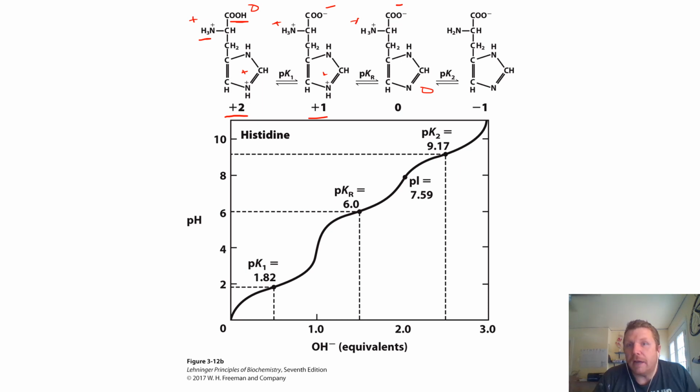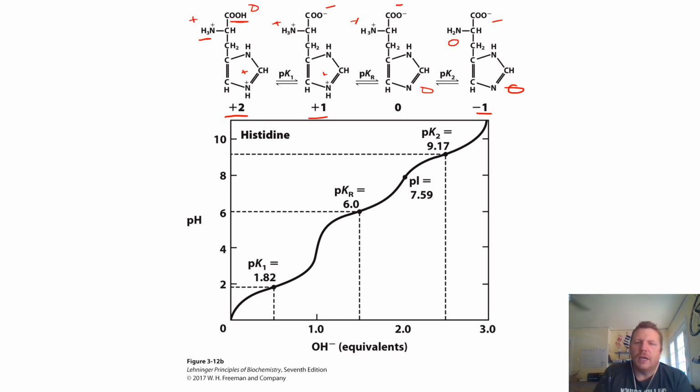And then the last place that you can remove a proton is from that N terminus. So you've removed it from the C terminus, then from the R group, which gave you 0 charge, and finally you remove it from the N terminus. So now you're looking at a molecule with a -1 overall charge.